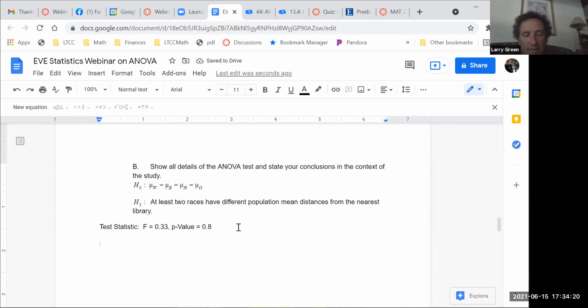All right, so now what we want to do is look at that p-value, and hopefully you all know what to do. The p-value is 0.8. So what do you think we can do? Very important at this point in the class, you know how to do this. The p-value is 0.8. What does that tell you?